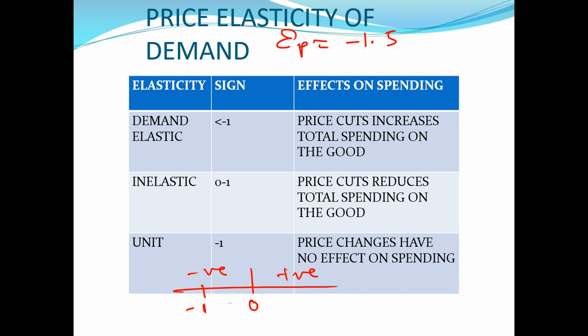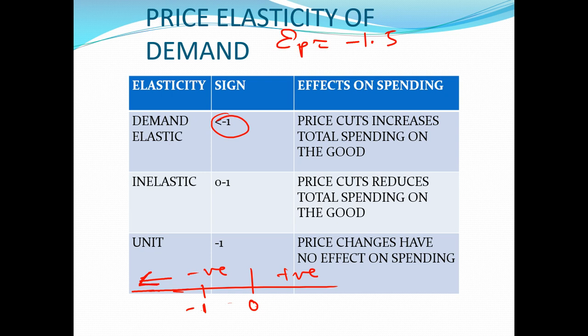And if the answer you found is more negative than -1, which means you're now going this side, then it means that demand is elastic. So demand is elastic if it's more negative than -1.